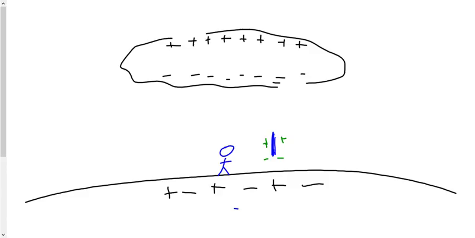So as far as the cloud is concerned, the amount of charge that you have is really irrelevant. Now, if you had enough negative charge, then I suppose it could repel the lightning bolt, but in practice you couldn't have anywhere close to enough negative charge to make that happen.